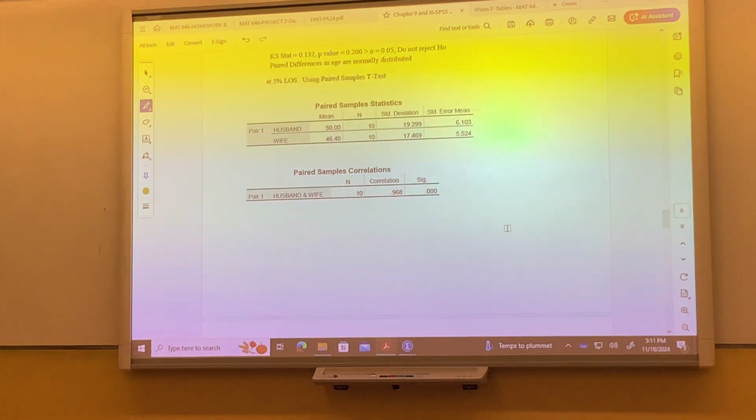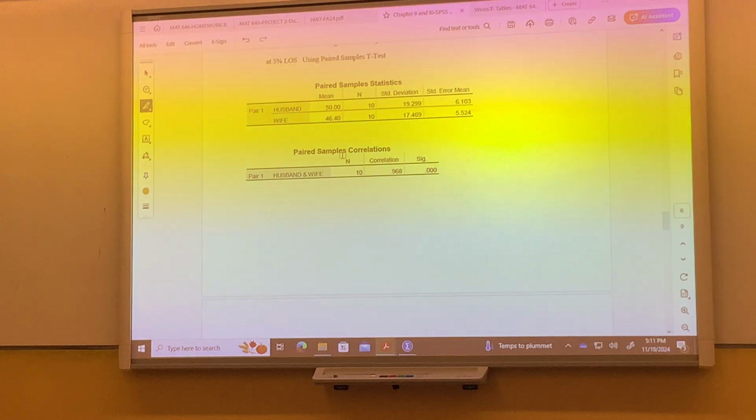They also give you a little correlation table, basically telling you that the 2 ages, husband's age and wife's age, are related. This is just for you to see. So these are dependent samples. Correlation is high. It also happens to be significant. This p-value is really small.